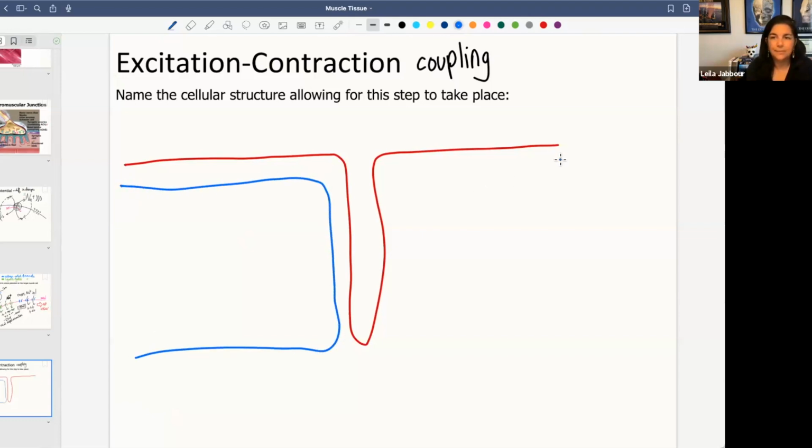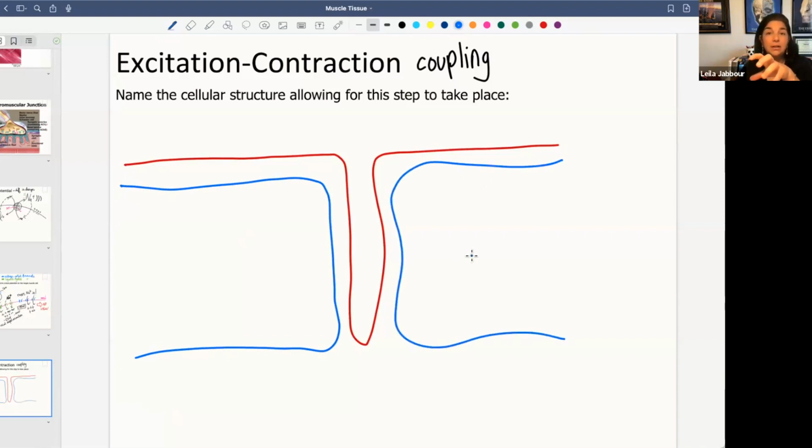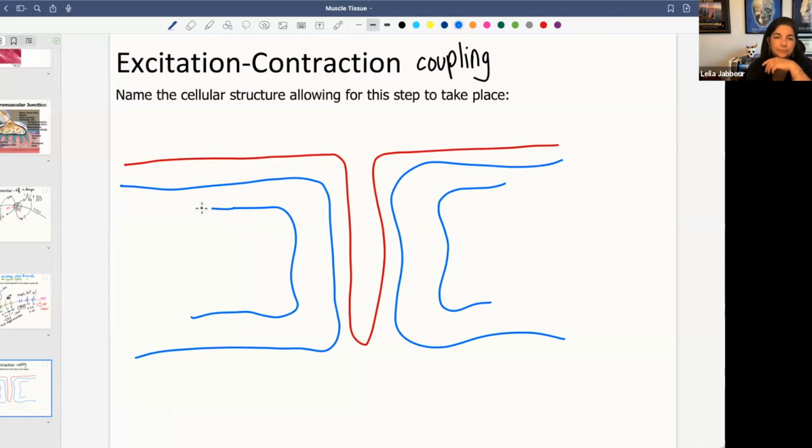So the SR is an organelle in the cell, the equivalent of the endoplasmic reticulum. It's an enclosed organelle, and I'm just drawing the last portion of that compartment, which is called the terminal cisternae. And it's a meshwork, and it's harder to draw the whole meshwork.